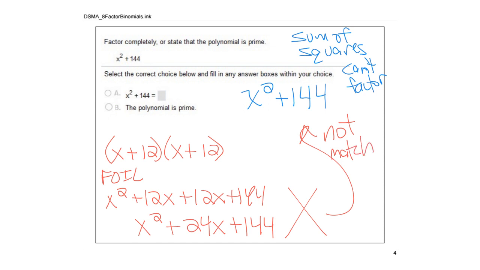This does not match because I end up with this middle term. Okay, so we cannot factor a sum of squares. If you see the plus sign, we cannot factor it, and we're going to say that this polynomial is prime.